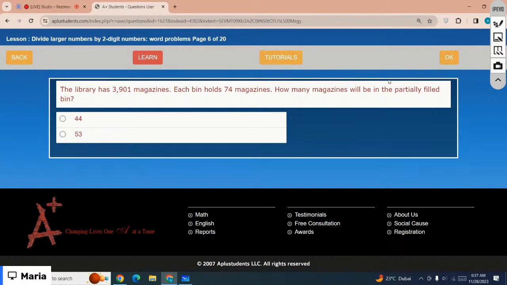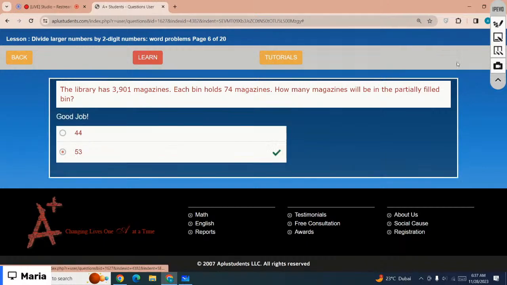The correct option is 53. 53 is the correct option.